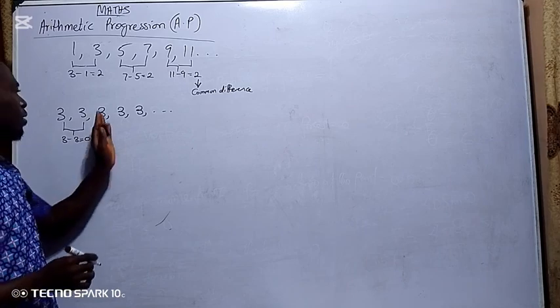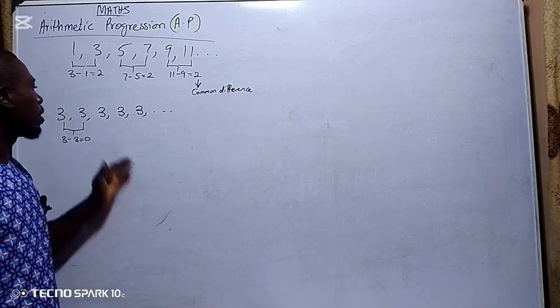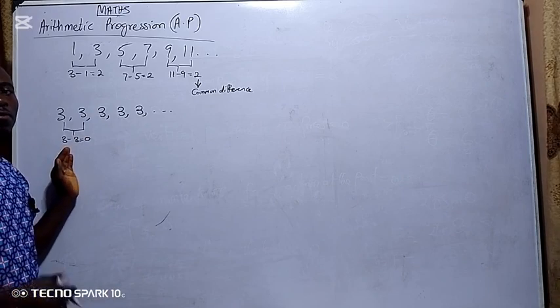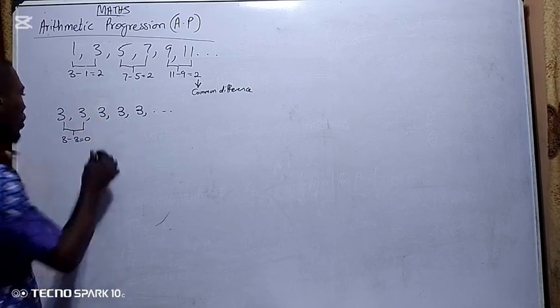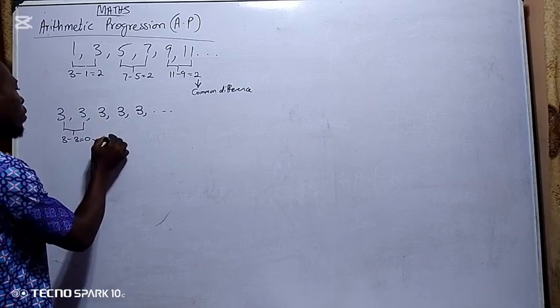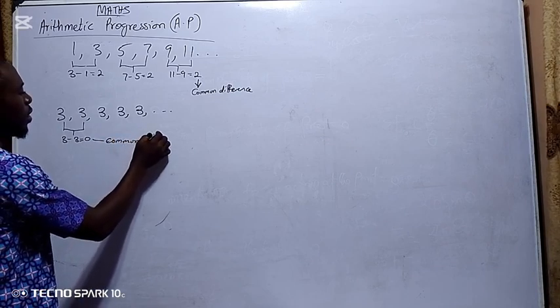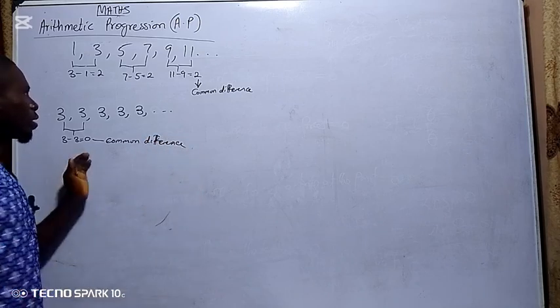So if I subtract any previous term from the next term, it gives me 0. This is the common difference. So this is an arithmetic progression, AP.